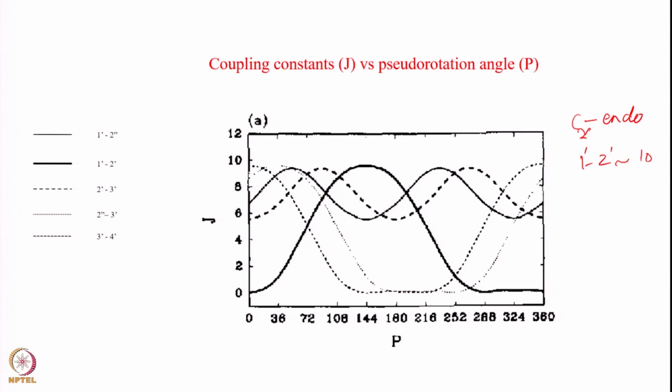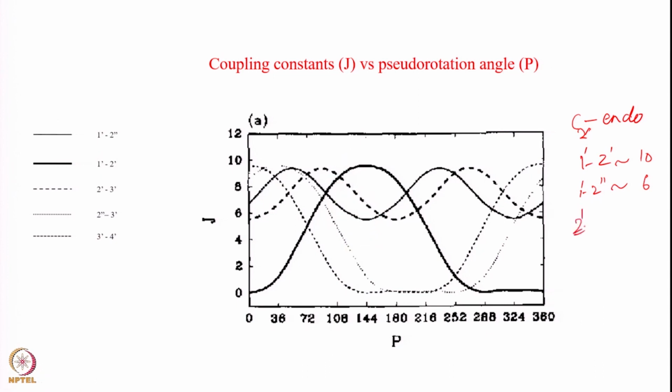The 1 prime 2 double prime, which is the one below there, is approximately 6 Hertz. So, in this area this is 10 Hertz, this is 6 Hertz, and this one is 2 prime 3 prime.